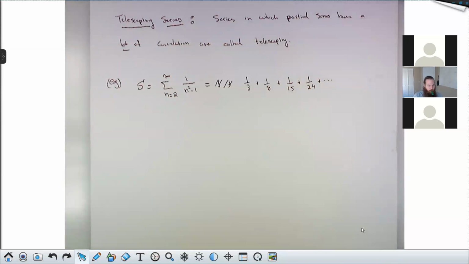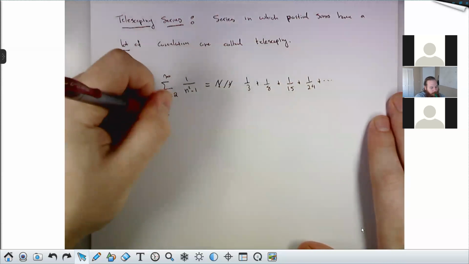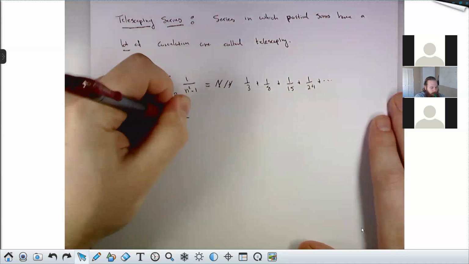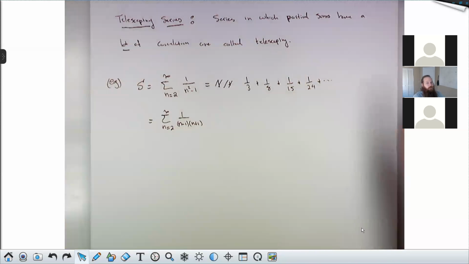But I can factor the bottom. And then remember I said these series are a lot like integrals? If you wanted to integrate this, what would you do?